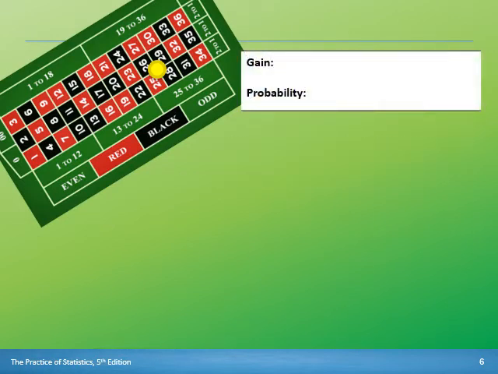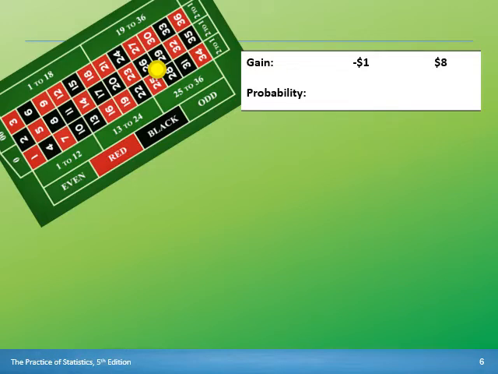So if we want to look at this in the way of gains and probabilities, if numbers 25, 26, 28, or 29 did not come up, then my gain would be negative $1. I would have lost that $1 bet. And if we think about it, what's the probability that I lose that? Well, remember that there's 36 numbers on the board, but there's also 0 and 00.